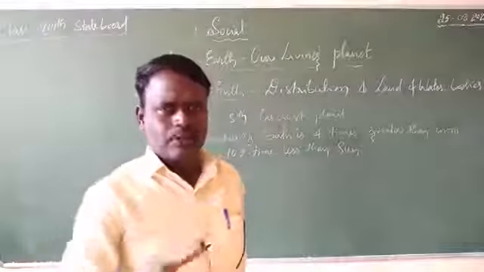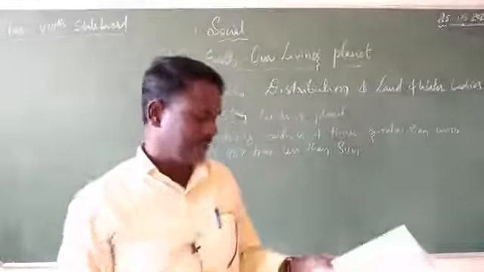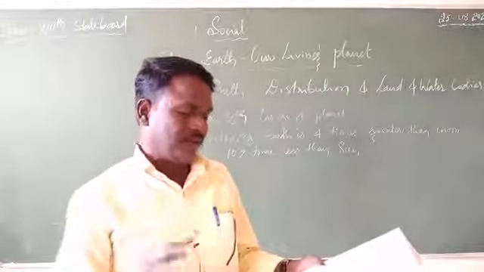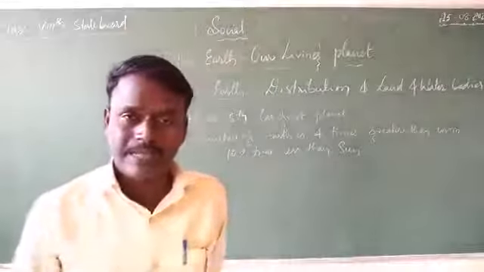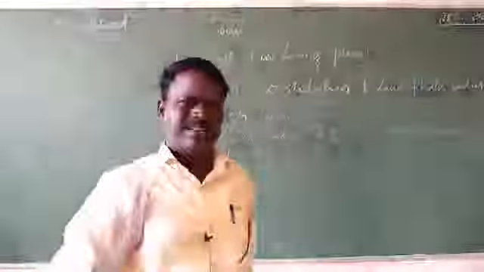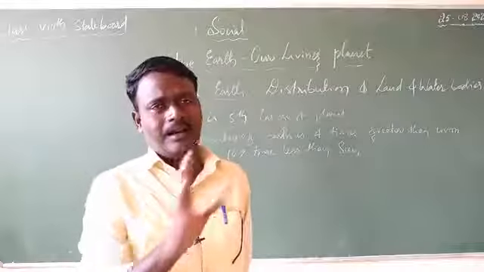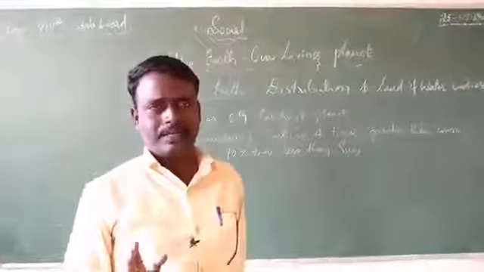The ratio between land and water bodies is 1:2.43. By the ratio itself we can understand that the distribution of land and water is uneven. It is not distributed equally over the earth's surface.